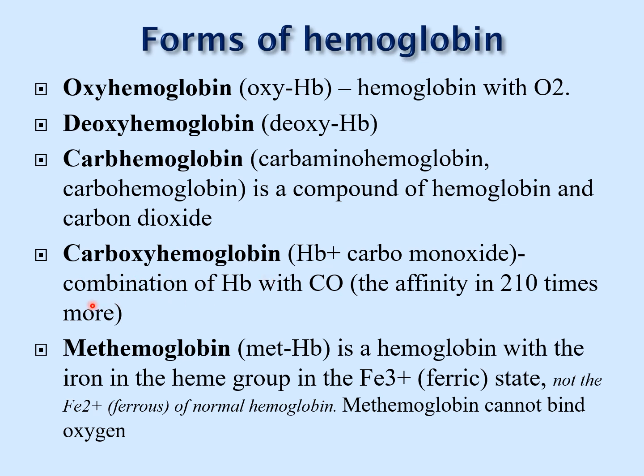Carboxyhemoglobin, this is the combination of hemoglobin with CO. Methemoglobin I explained. In this case, iron in the structure of heme is present in 3+ form. And this hemoglobin, as you remember, cannot bind oxygen and cannot transport this very important gas.